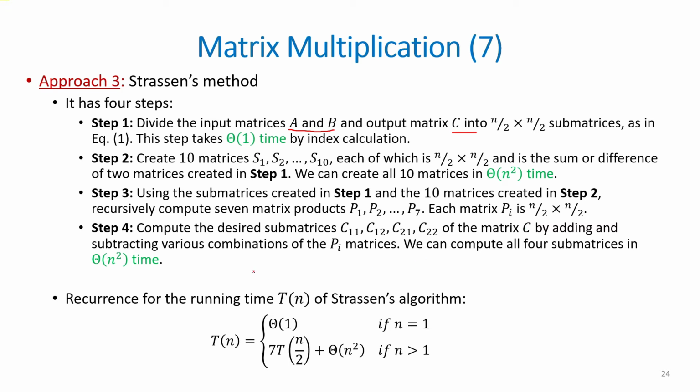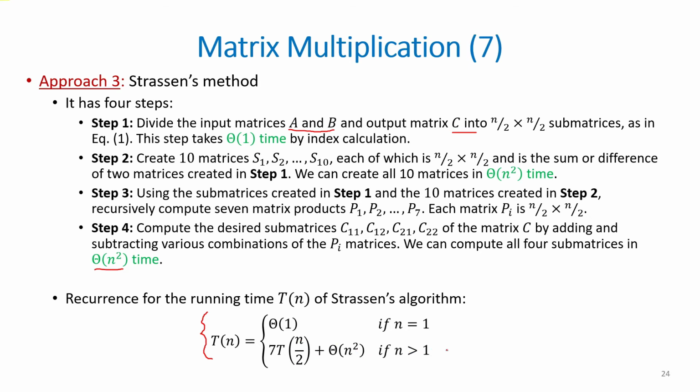In the final step, we can compute each of the output submatrices C11, C12, C21, and C22 by adding and subtracting various combinations of the product matrices P1 to P7 in step 3. And all of this can be done in θ(n squared) amount of time. So we will see that the recurrence equation for Strassen's algorithm would actually be 7T(n/2) plus θ(n squared) for the recursive case.